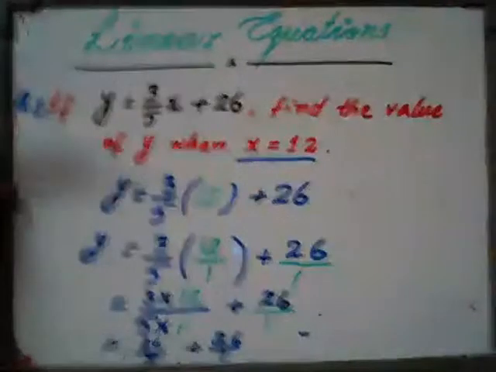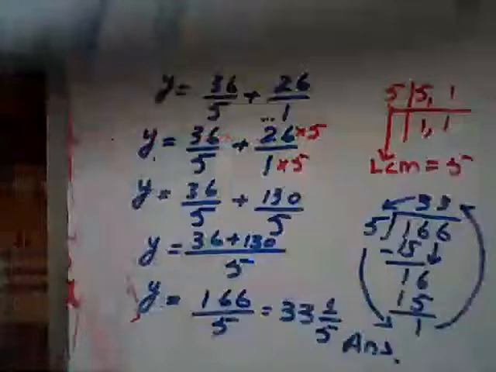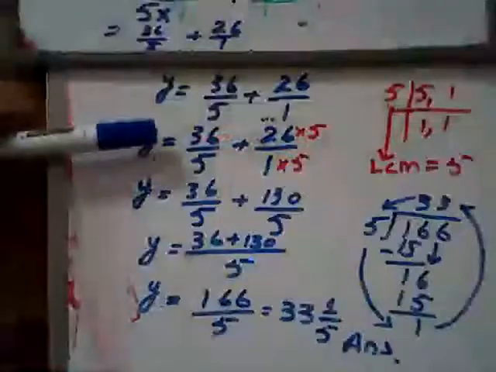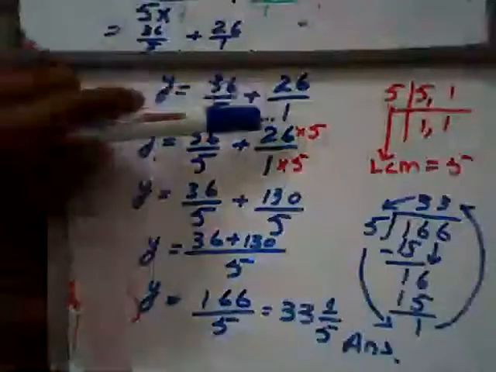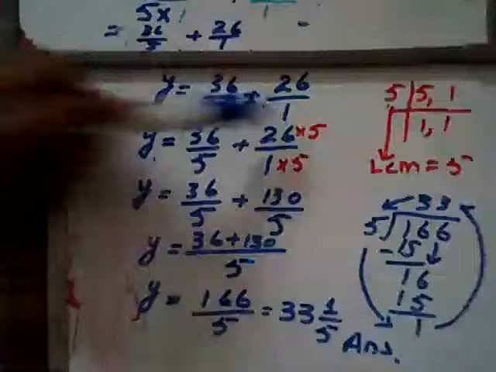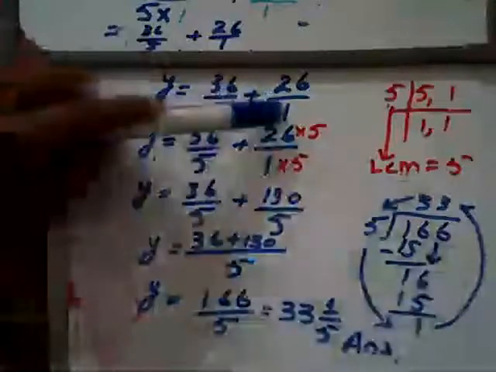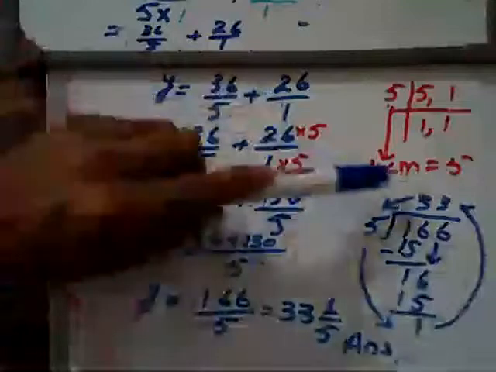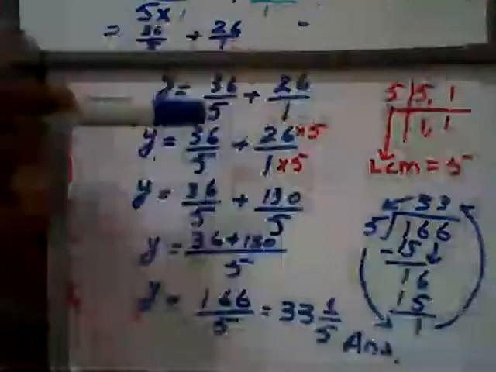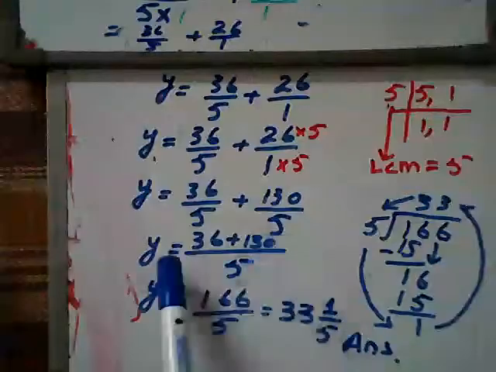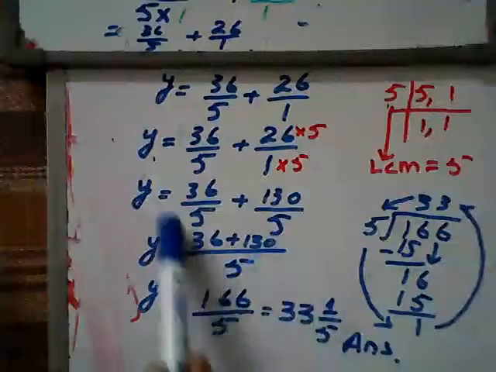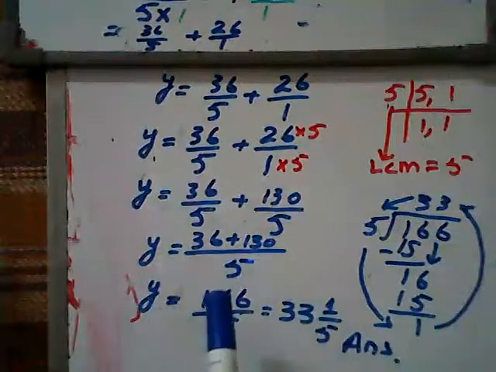That's why we have 36 by 5, and the denominators are not the same. To make the denominator the same, we need the LCM of the denominators. 5 and 1 are like that, so we make the common denominator as the whole upon 5.